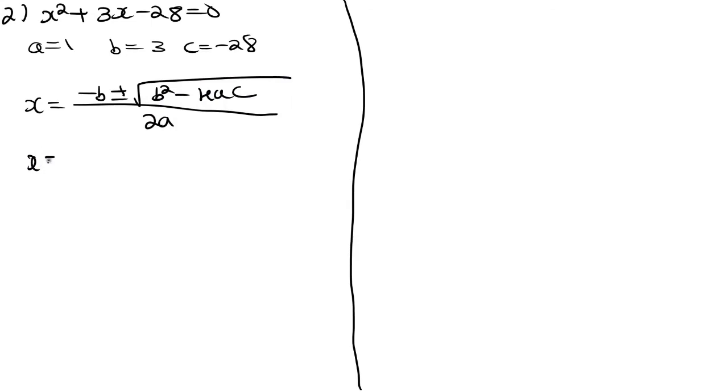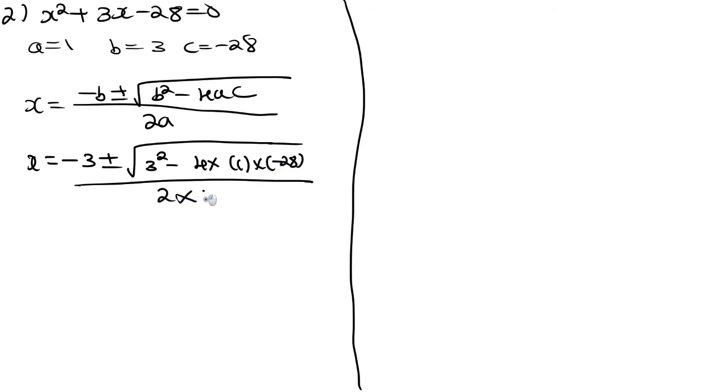So x value is equal to minus b, that is minus b value is 3, plus or minus square root of b square minus 4ac. b square, that is 3 square, minus 4 into a value is 1 into c value is minus 28, divided by 2 into a value is 1.